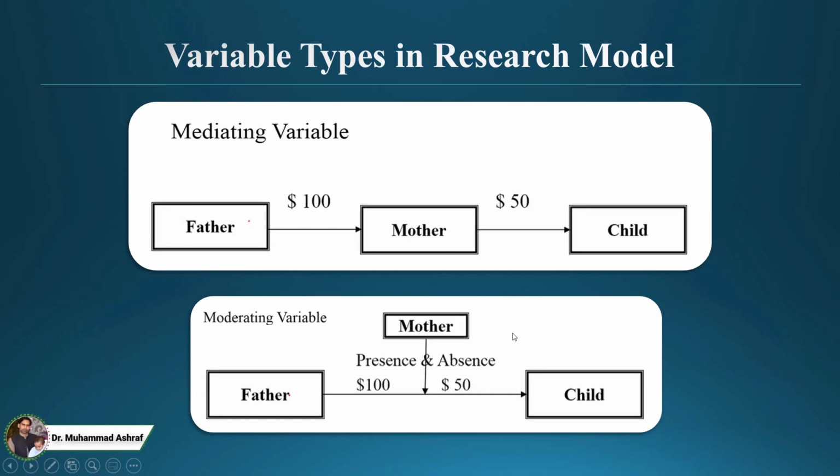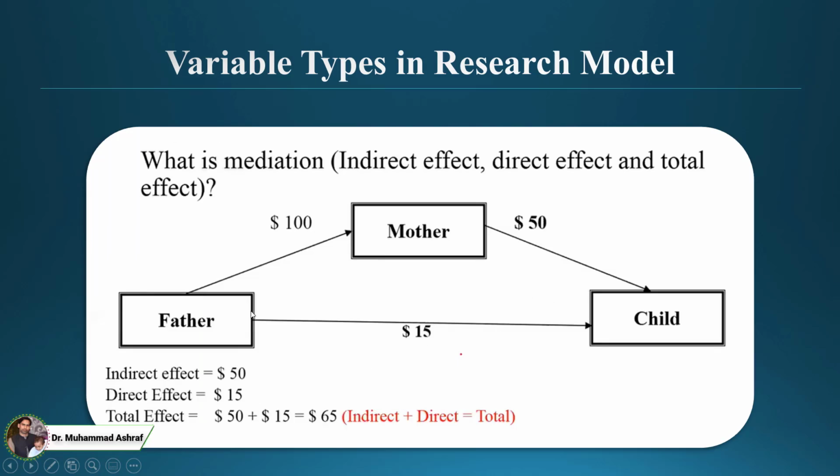In this way, the mother plays a moderating role which impacts the relationship between the father and the child. Holistically, we can understand this through this particular model. Here the father is the independent variable, the child is the dependent variable, and the mother is the mediating variable. In this model, the father directly gives $15 to the child and $100 to the mother, and then the mother gives $50 to the child.